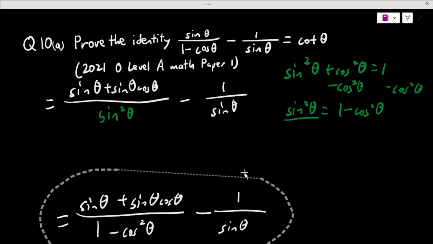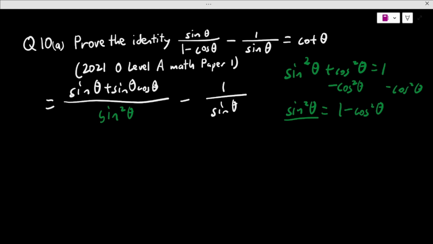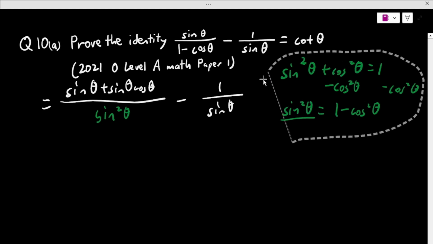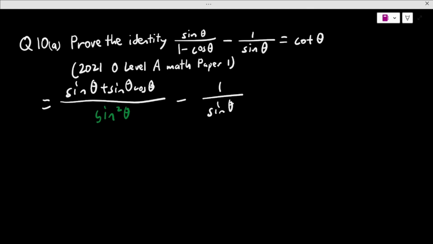Let's now try to rewrite the fraction such that we can combine the two fractions. To do that, we need a common denominator. Well, here is sine square of theta, and here is sine of theta. So why not multiply the numerator and denominator of the second fraction by sine of theta.